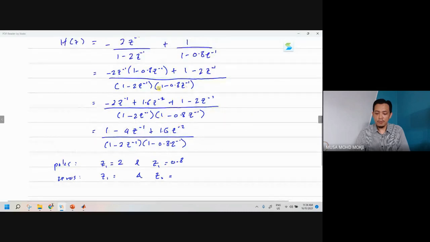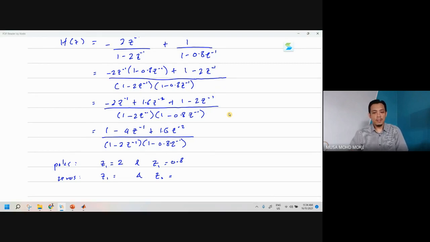If anyone is confused with any of the steps, let me know so I can repeat the steps. No worry. Okay, finished. Let's see what are z1 and z2 for zeros.